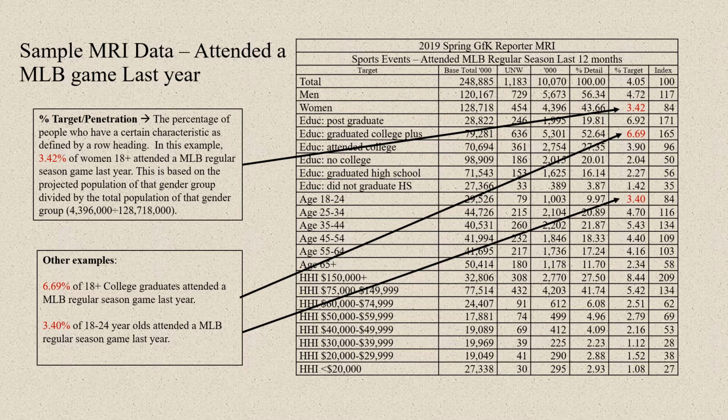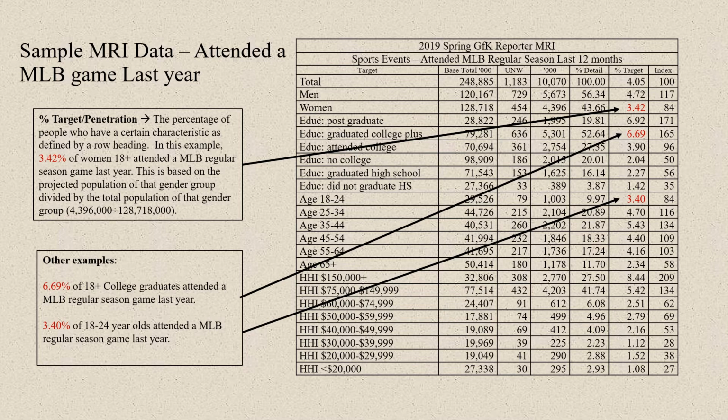The next piece of data, the next column over, is called the percent target or market penetration. This is the percentage of people who have a certain characteristic as defined by the row heading. In this example, 3.42% of women 18 and over attended a Major League Baseball regular season game last year.